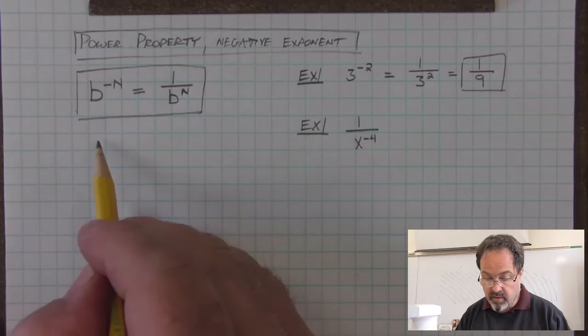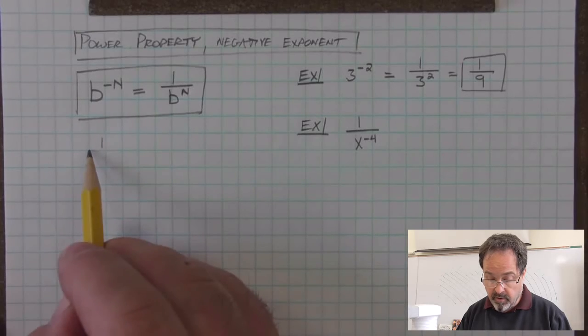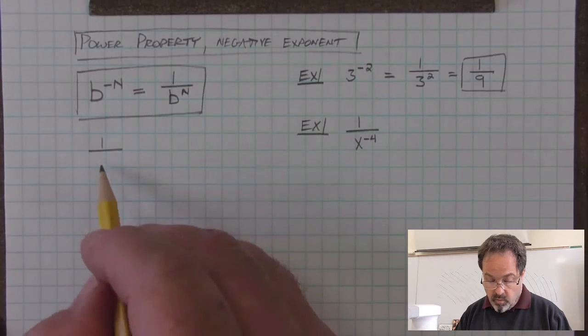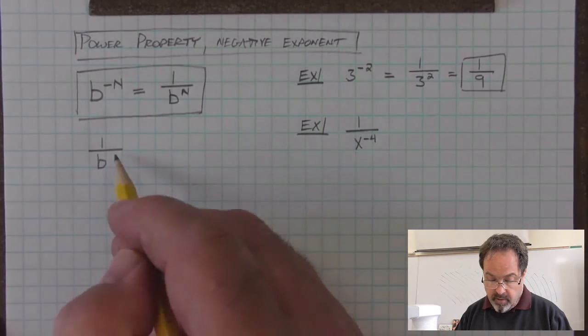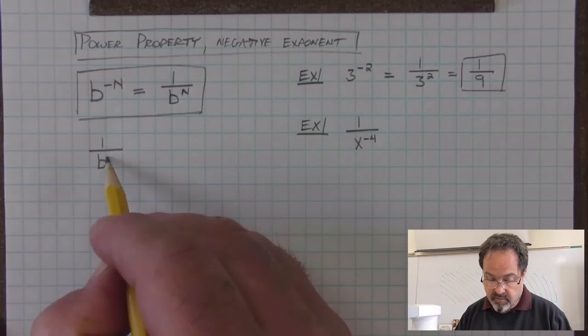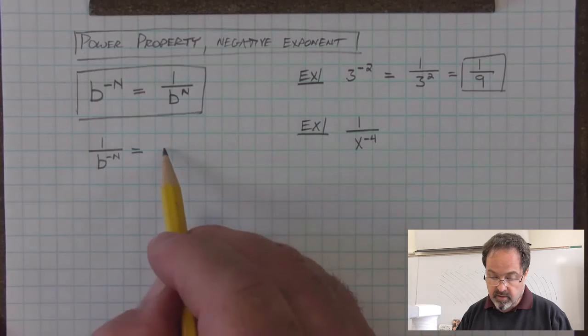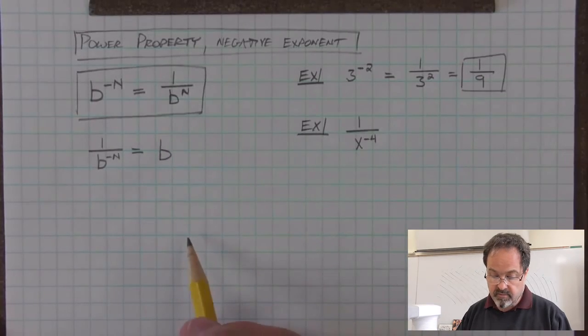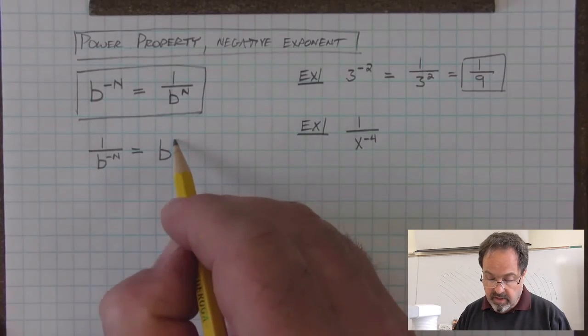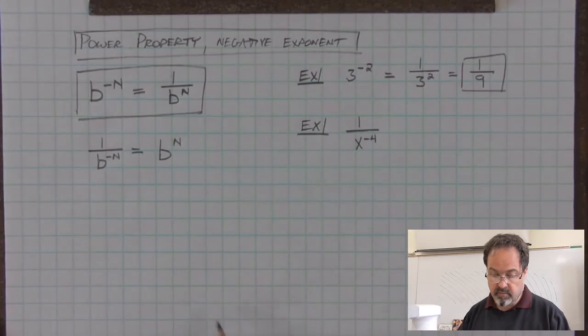We have another form of the same property. When we have 1 divided by a power b to the negative n, then we can convert that into a power with the same base and change the exponent from negative to positive.